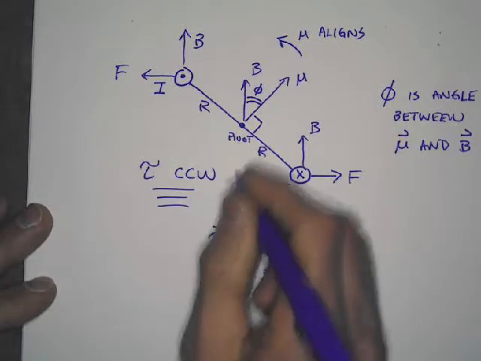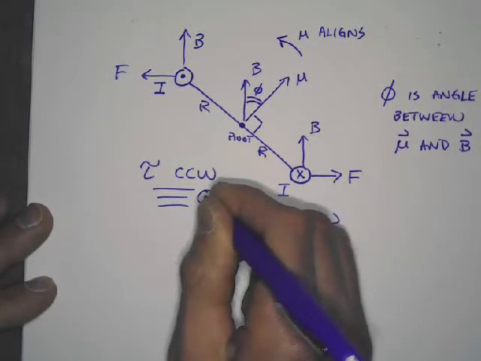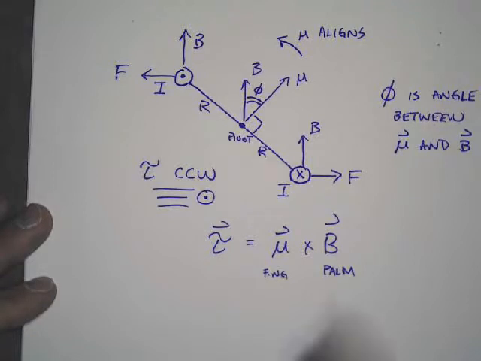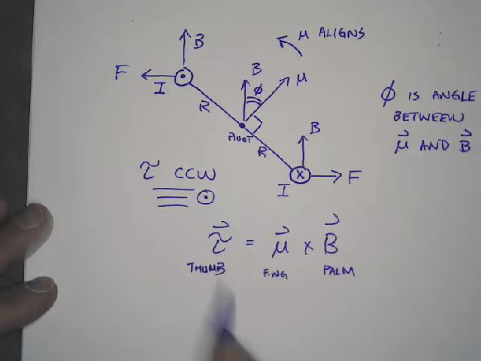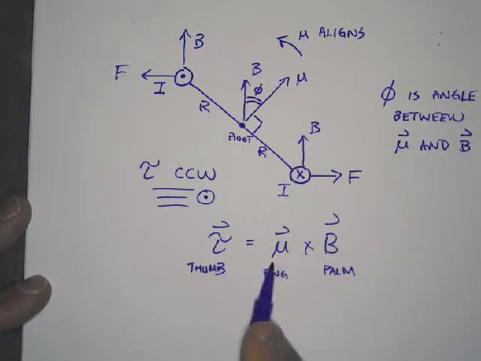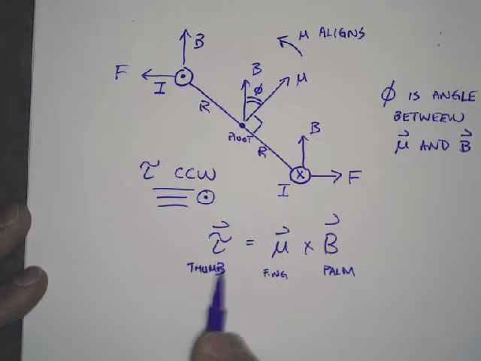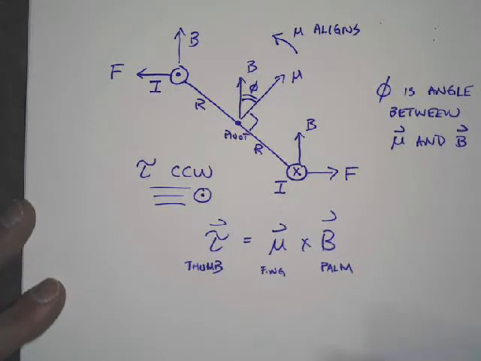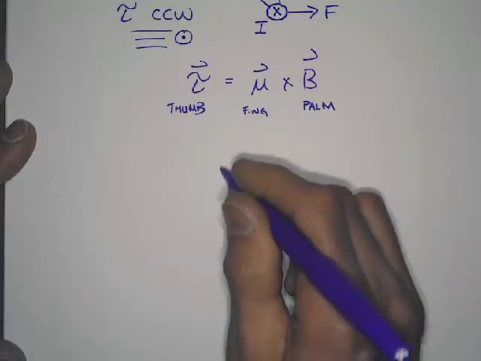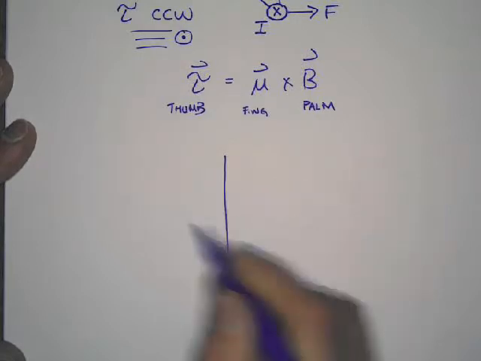So the vector symbol for that would be something like that. So again, to use this relationship, torque is equal to the cross product. Now you can use the old-fashioned right-hand rule to predict the direction of the torque if you know these two vectors.